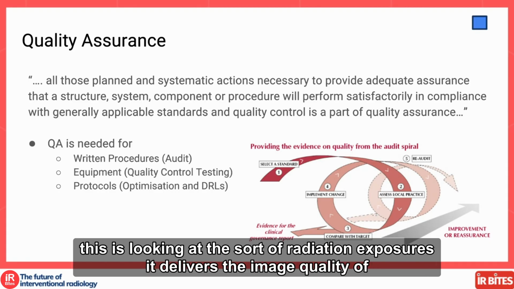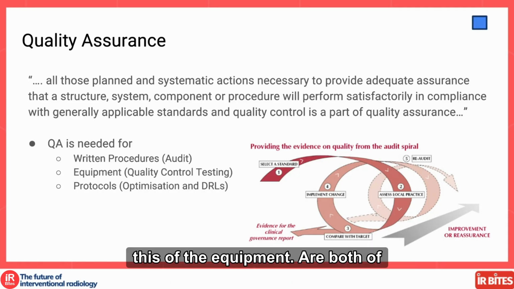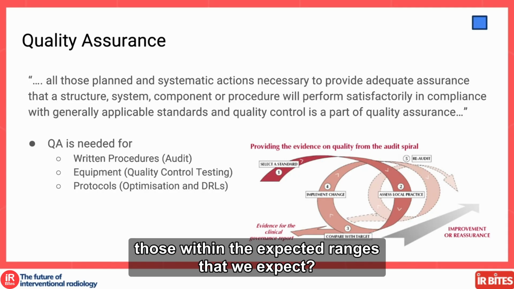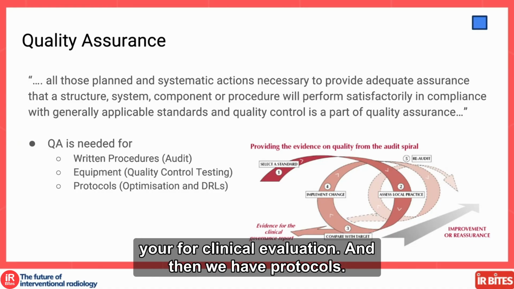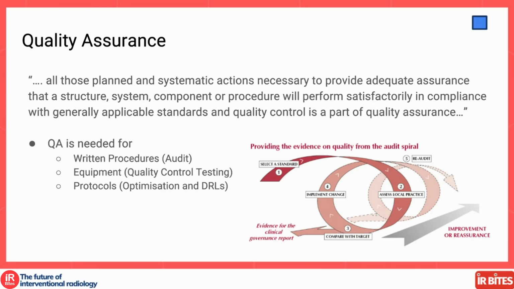So this is looking at the radiation exposures it delivers and the image quality of the equipment. Are both of those within the expected ranges that we expect, and are they delivering optimized images for clinical evaluation? And then we have protocols.